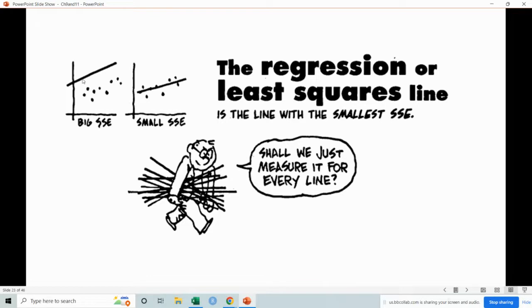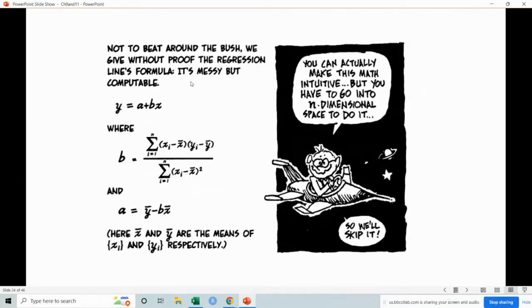Like I was saying, a big sum of squared errors means the line is way outside the data. A small sum of squared errors means the line goes through the data in the best possible way with the least error. So, not to beat around the bush, we give without proof the regression line's formula.